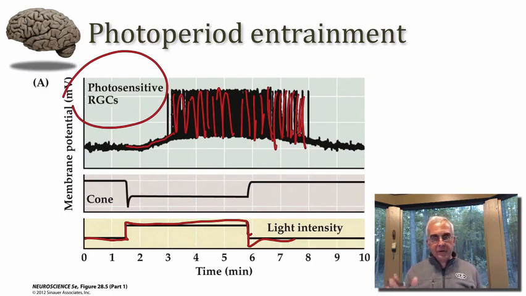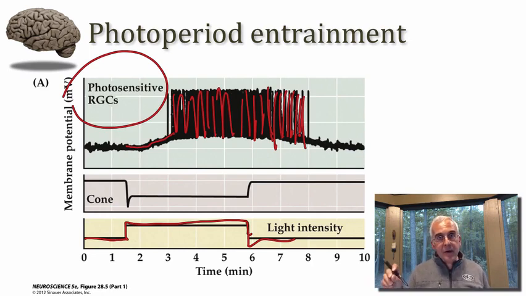So the projections of these cells then go to the suprachiasmatic nucleus, and some really wonderful experiments were done that really helped to establish neurons in this nucleus as being the master clock for the body. For example, we know that if we can isolate these cells from the hypothalamus, basically take them out of the brain and grow them up in a culture situation, that these cells will continue to generate a rhythm that is roughly a day's length in period.